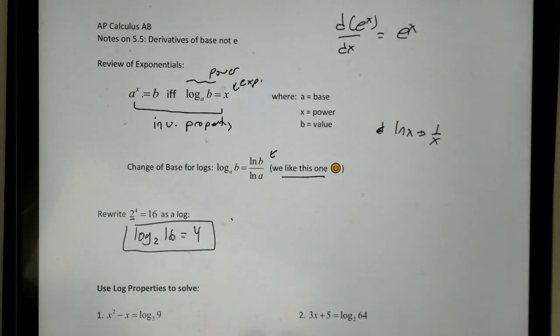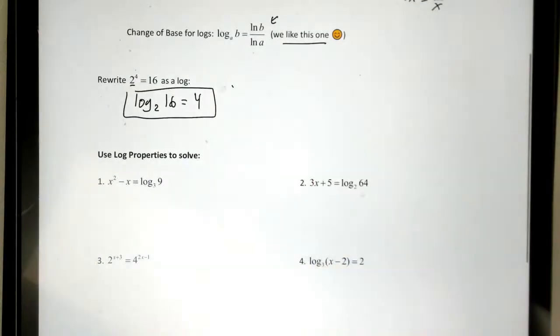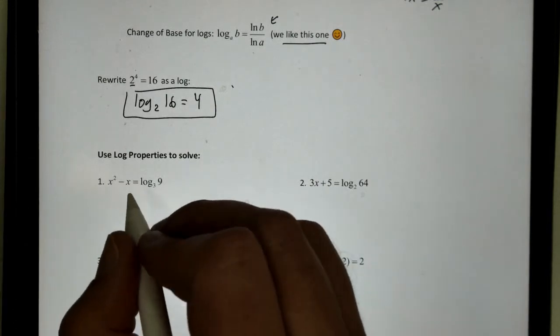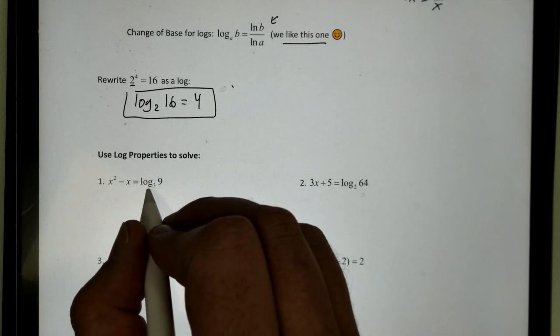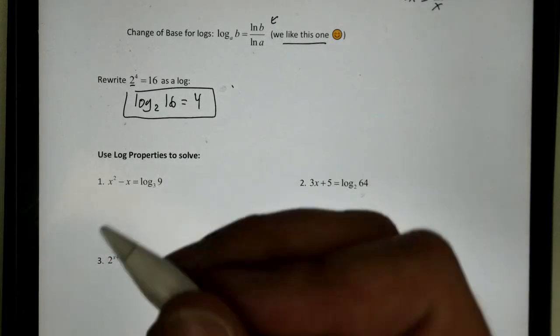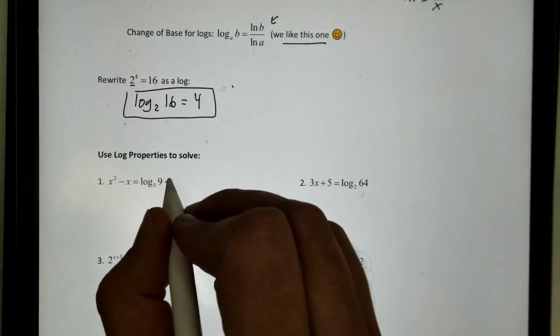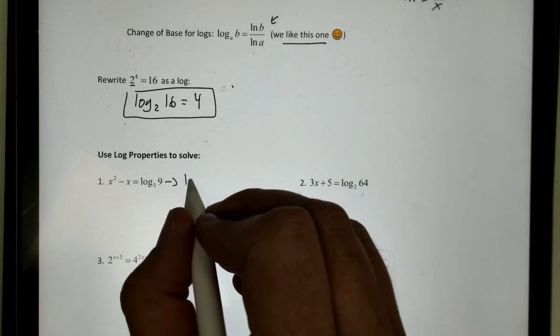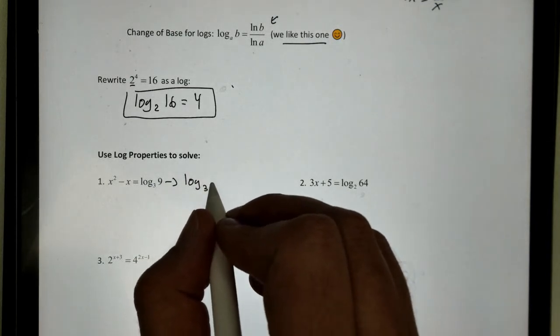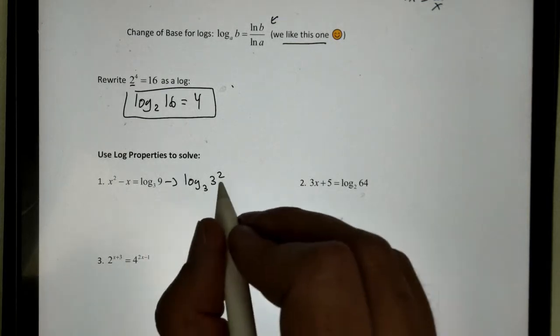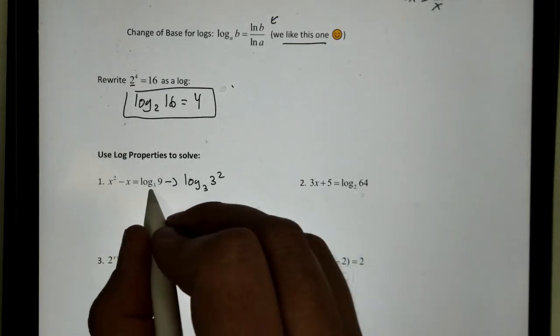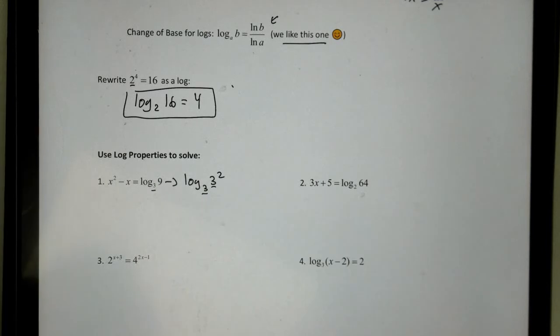And let's talk about using log properties to solve. We saw this the other day, or something similar to it. If I have x squared minus x equals log base 3 of 9, I can use my log properties from Algebra 2 and Pre-Calc. We can write this as log base 3 of 3 squared, by writing the 9 as 3 squared, because I want those bases to be the same.